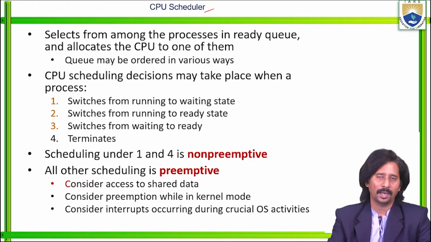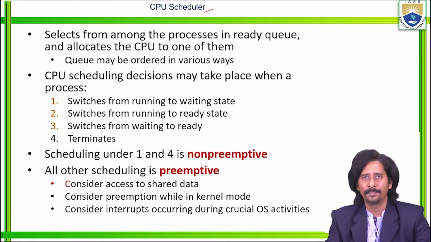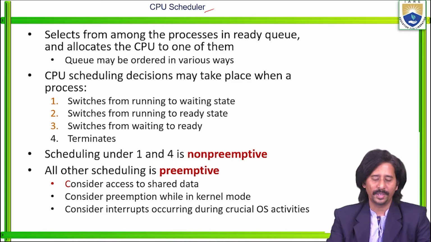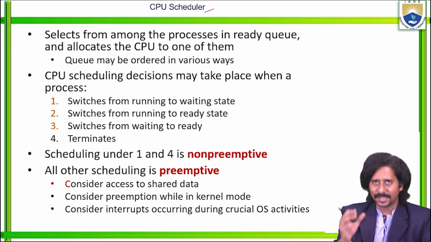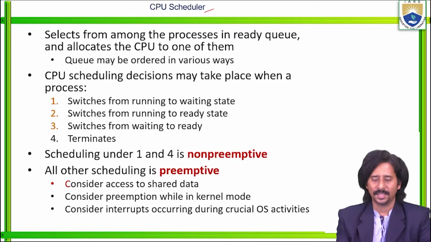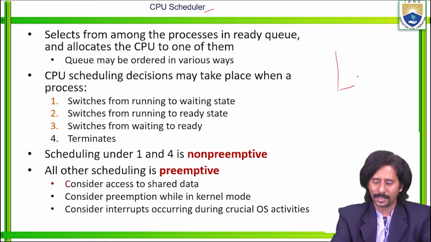Basically we have certain categories of queues, like ready queue, waiting queue, device queue, right? First of all, the processor selects from among the processes in the ready queue, whatever is waiting there, like P1, P2, P3, P4.